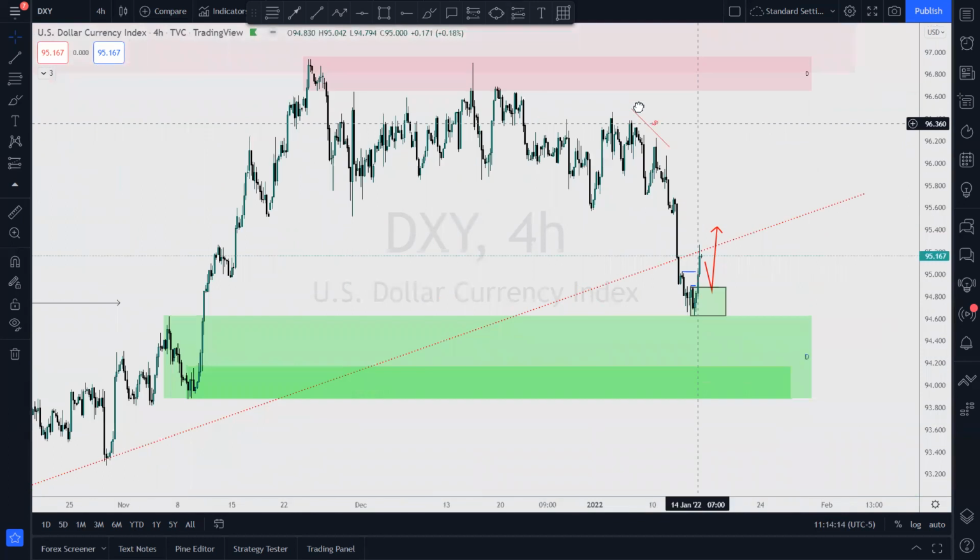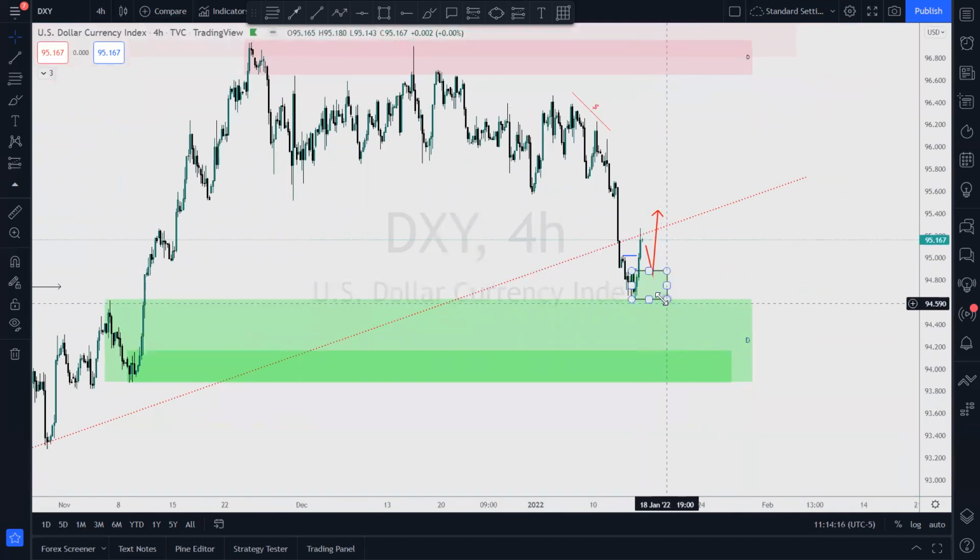If price decides to violate this 4-hour order block and shoot lower, then I'll adjust, and I'll put out another video and say, okay, we're looking for price to touch down on this 4-hour order block.